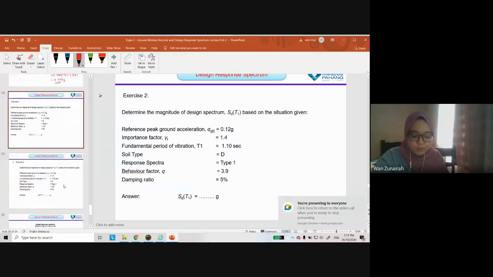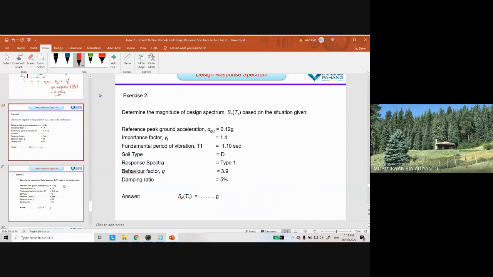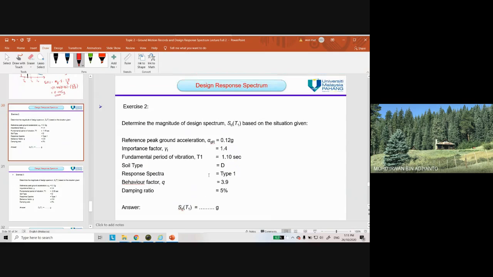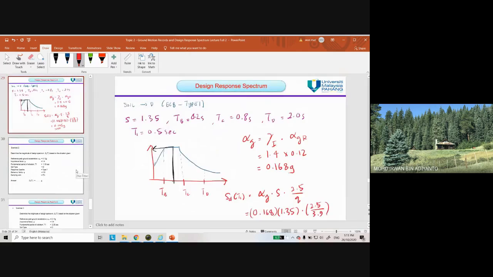Saya dapat 0.192G. Okay, tadi saya letak 0.145. Yang ni.